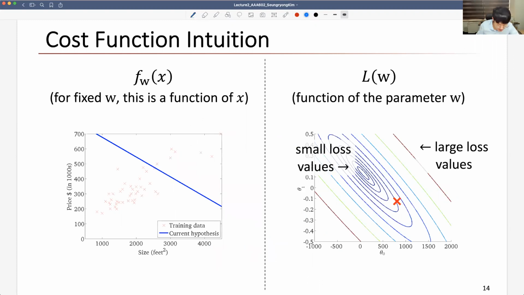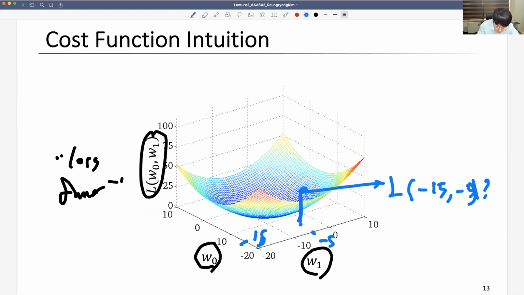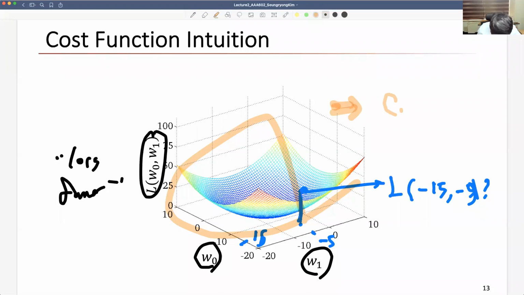So if we redraw this loss function in 2D space, we can say that this is a contour plot.